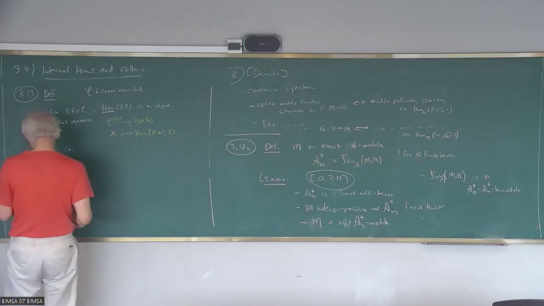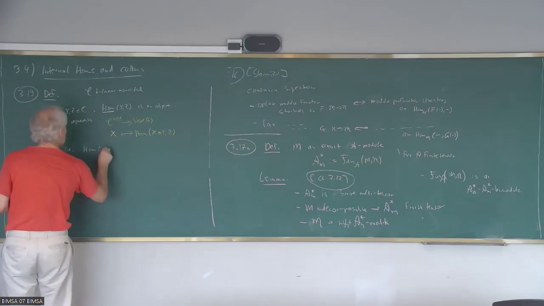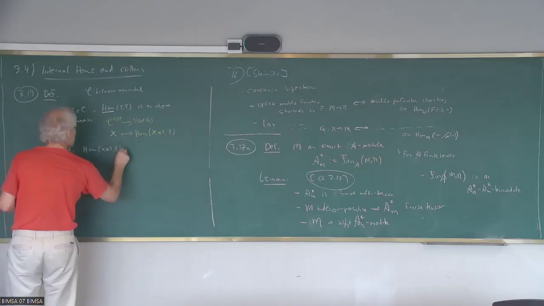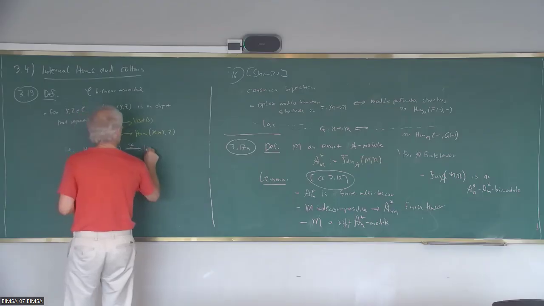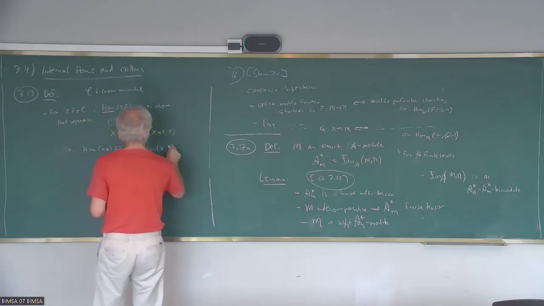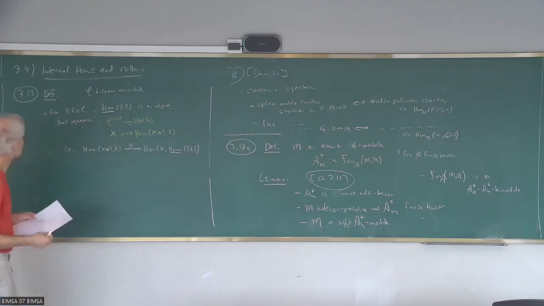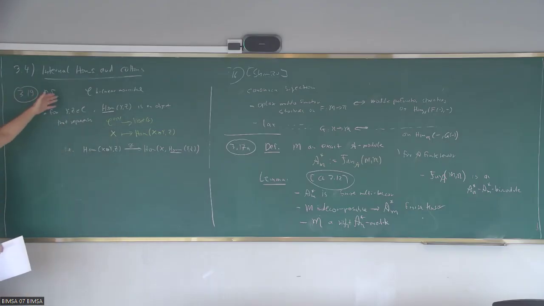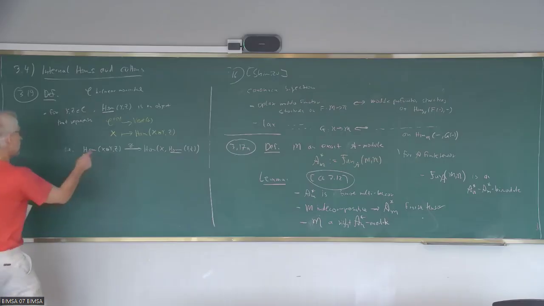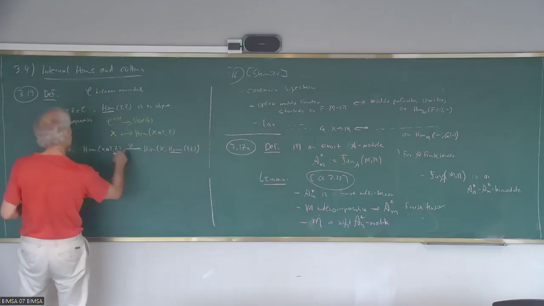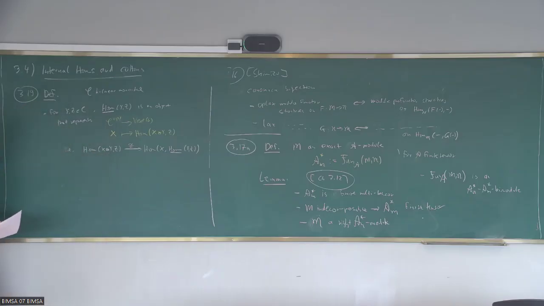That means we have natural isomorphisms between the morphisms from X tensor Y to Z, and the morphisms from X to this object, the internal Hom of Y and Z. And it's called internal Hom because if you specialize this to the category of vector spaces, then you just get the ordinary Hom functor. And this also tells you that the Hom functor is right adjoint to the tensor product.